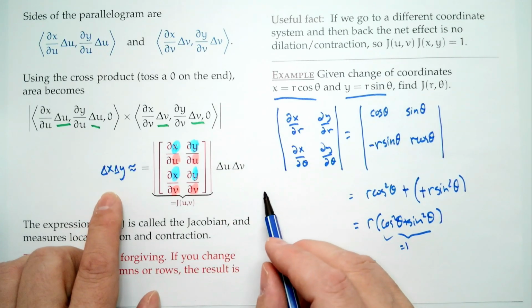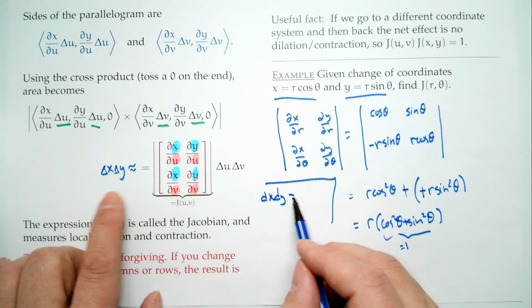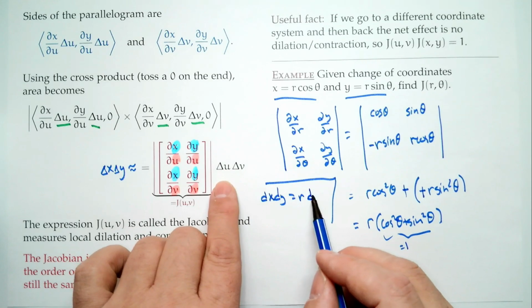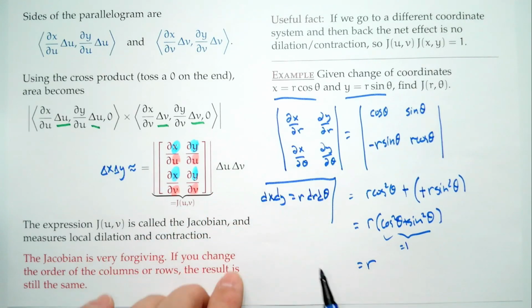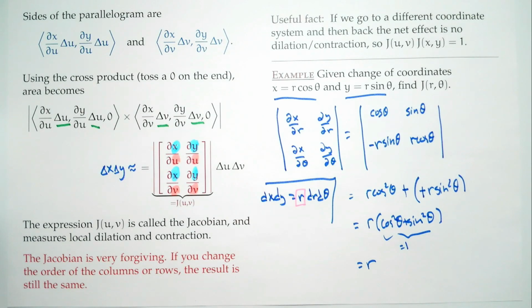Or when we translate in the limit, dx dy would be equal to the Jacobian, which is r, times our dr d theta. And therefore, now we're like, aha! So there's where the r comes from. It's the measurement of how much you're expanding and contracting locally.